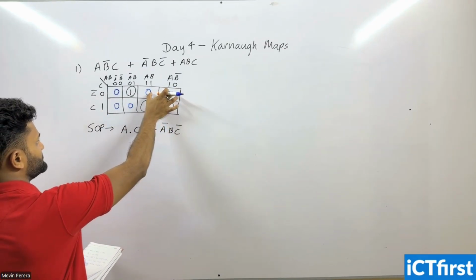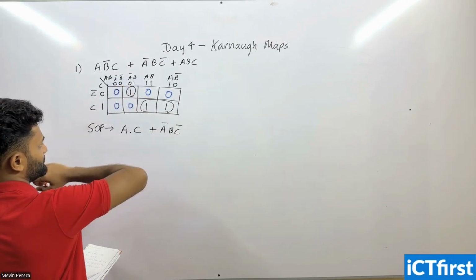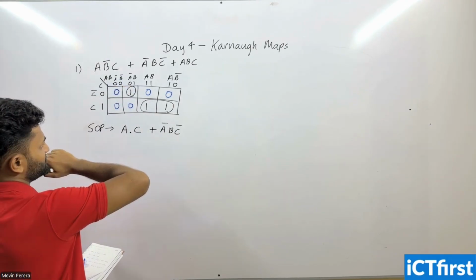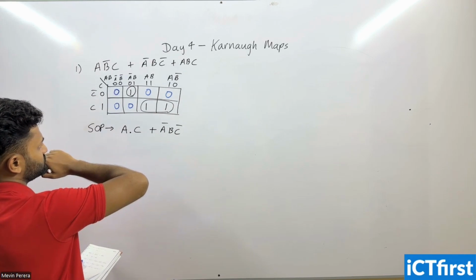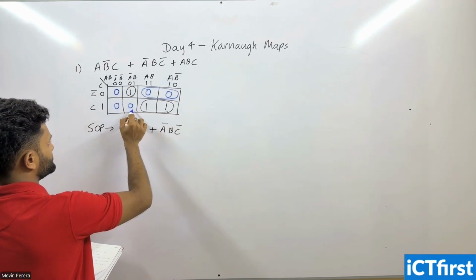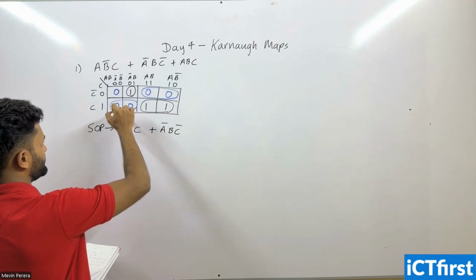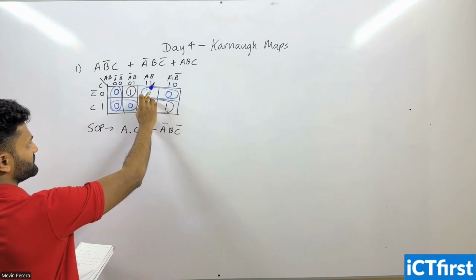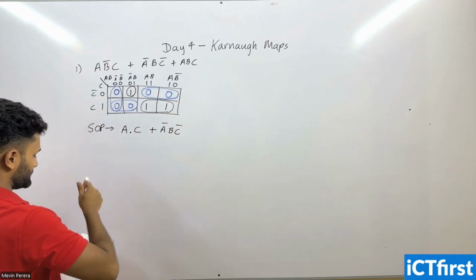Okay, so this one is there, this one and this one. That is it, right? Can we minimize it? No. So this particular group, this particular group, and then this one. Okay, now don't worry about these ones here.